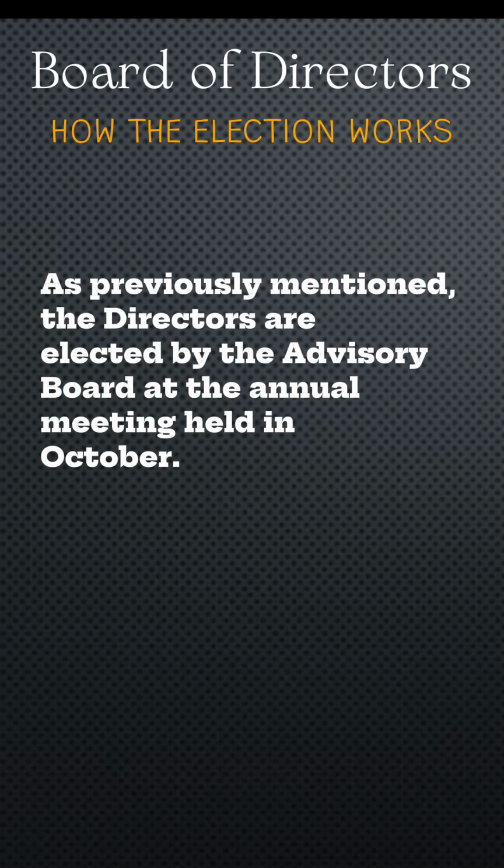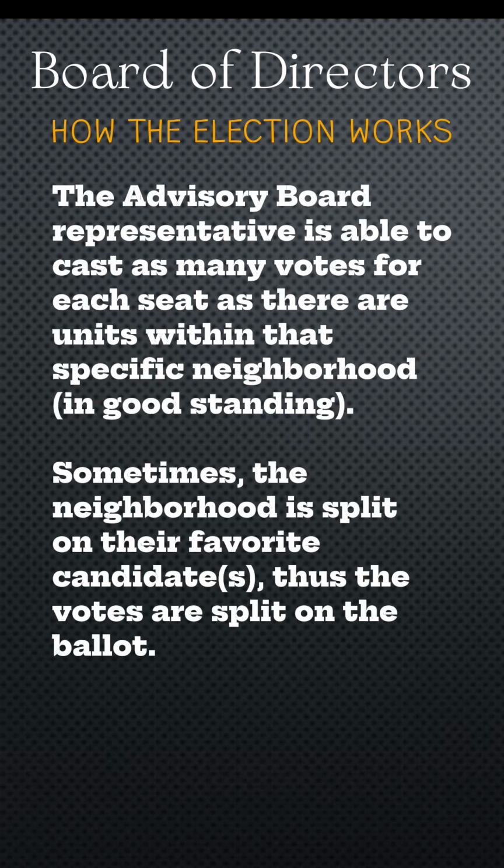The directors are elected by the advisory board at the annual meeting, like I said, and the advisory board representative is able to cast as many votes for each seat as there are units in good standing. So for simple math, if your neighborhood has 50 units and there are 5 units that are not in good standing with the SOA, that means you have 45 available votes.